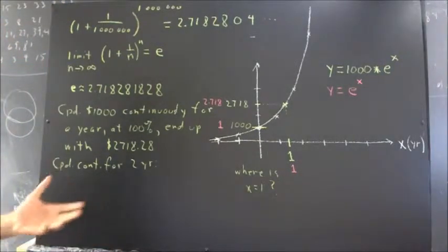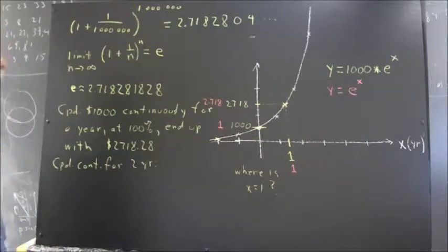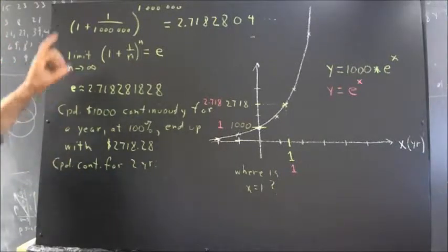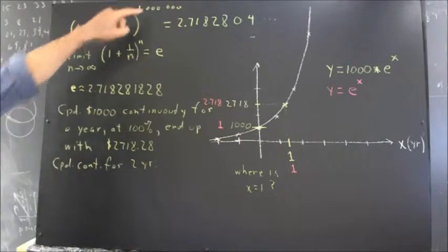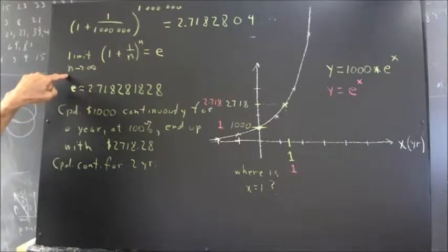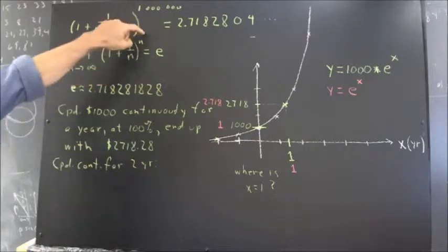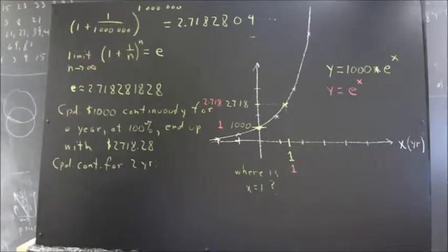And there are ways to prove this, and there are ways to calculate this number out to many, many, many significant figures. Okay? Well, the general expression here, if n is the number of times we compound it, is 1 plus 1 over n raised to the n. Okay?